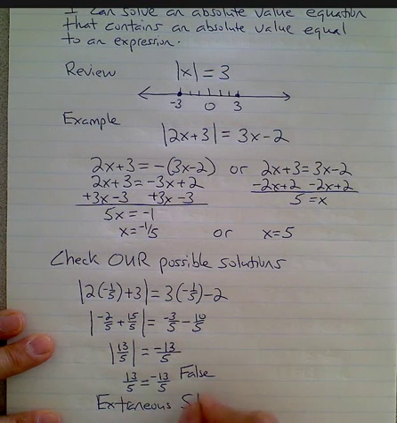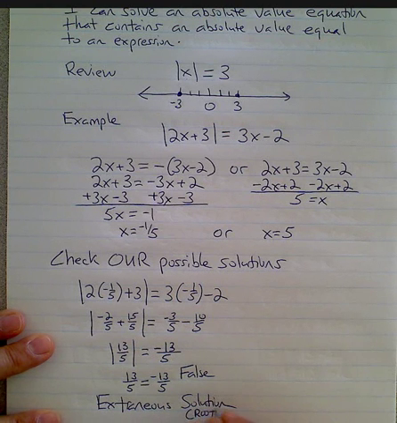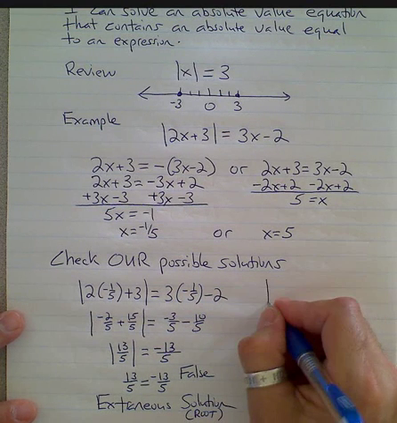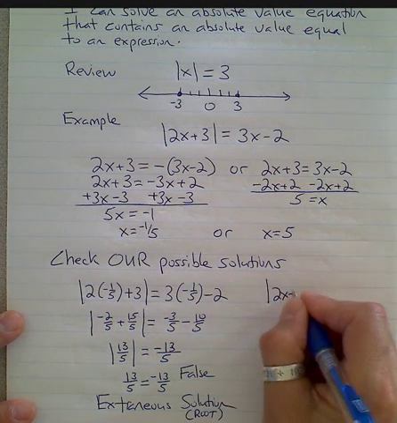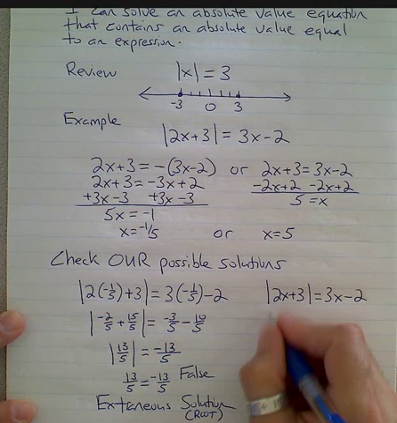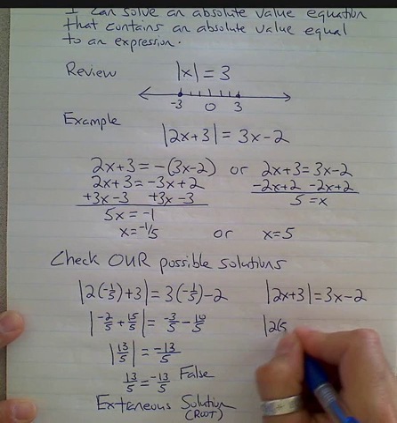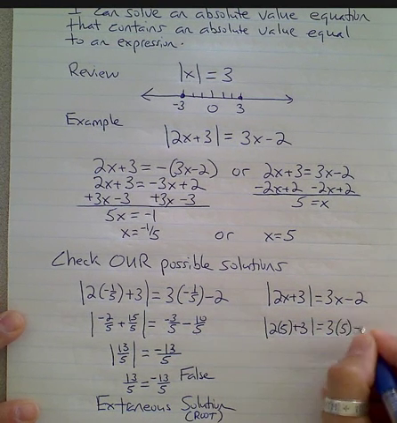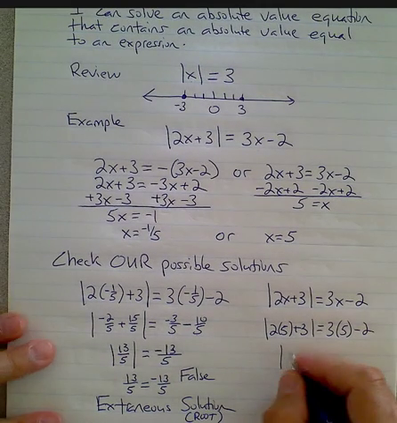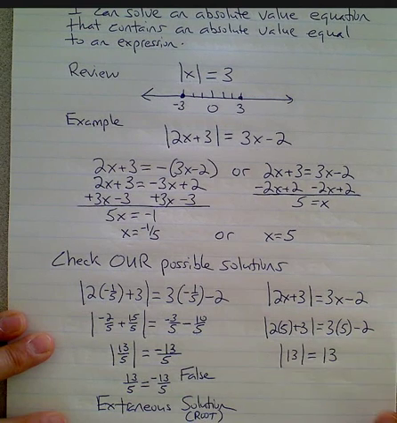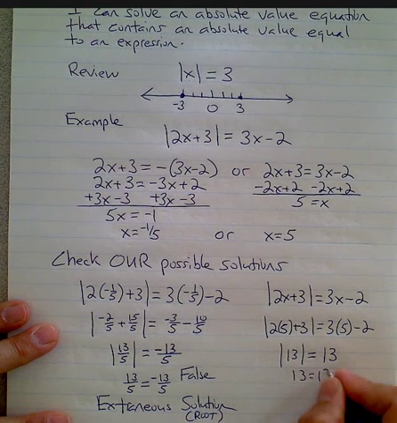Or an extraneous solution. Sometimes instead of the word solution, we might use the word root. With the other part of our problem, we would have the absolute value of 13 equals 13, and this is true.